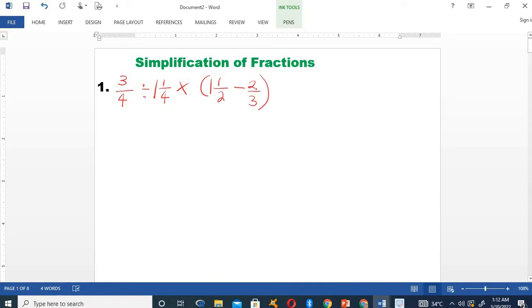We have a lot of operations here. Lots of operations to look at. We have division, that's the first step. We have multiplication. We have the bracket, and in the bracket we have subtraction.